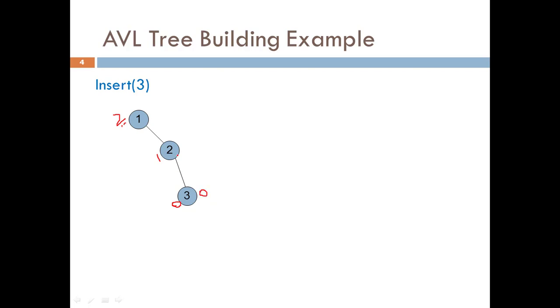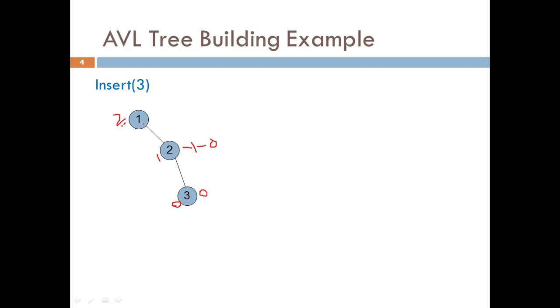What will happen here? The balance factor will be the height of the left subtree, minus 1, minus the height of the right subtree, which is 0. So minus 1 minus 0 is equal to minus 1. So this is also balanced, but we need to check up to the root level.